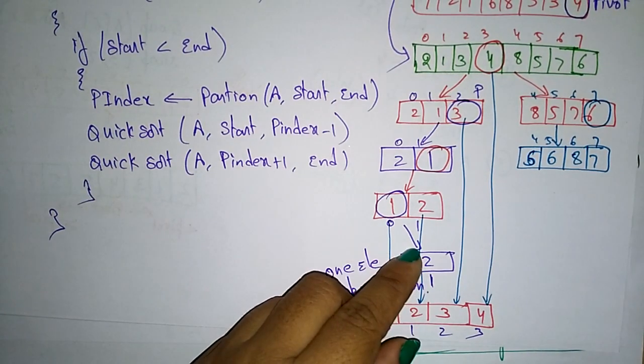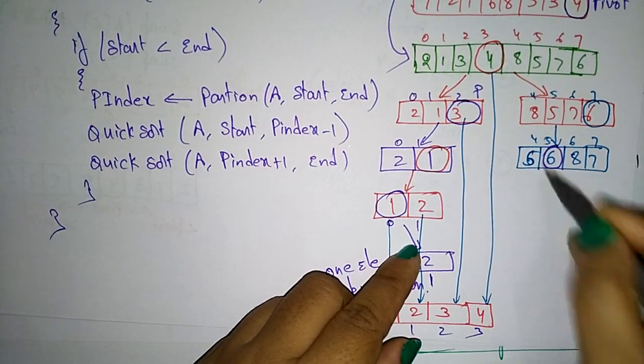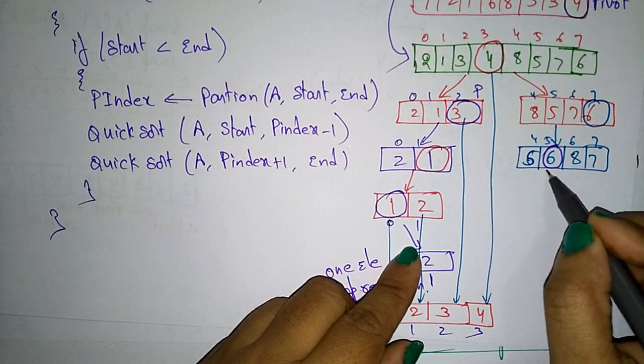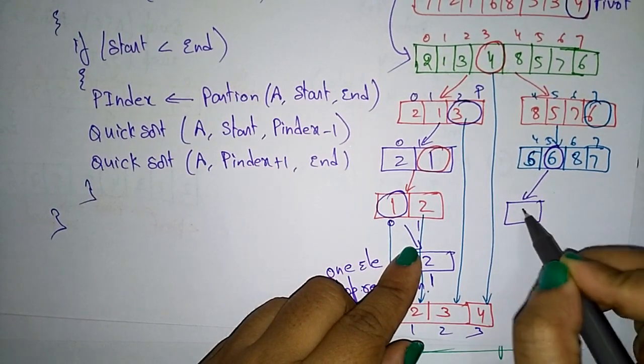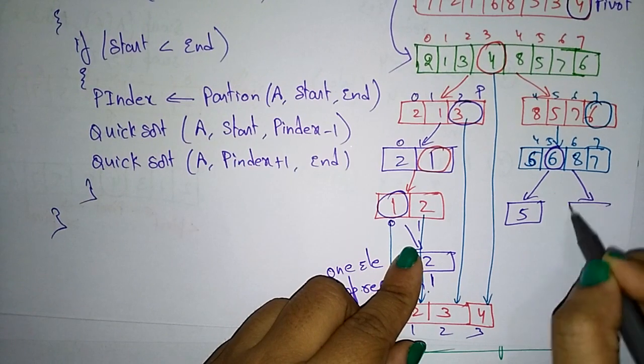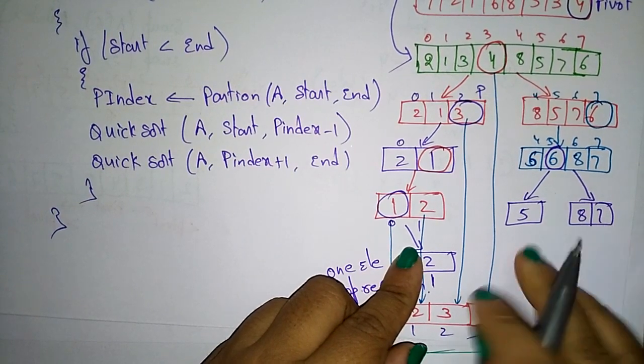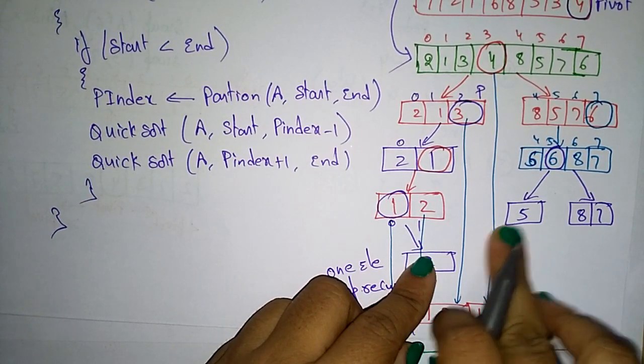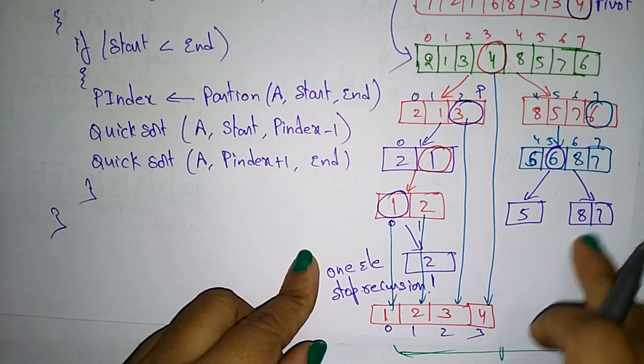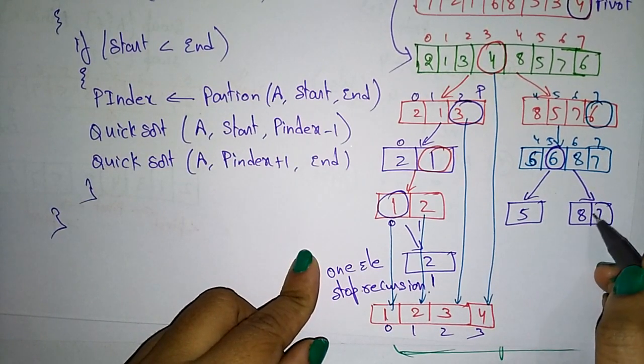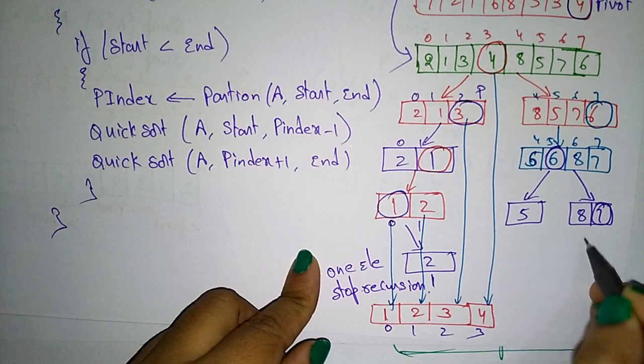So now 6 is the pivot value here. Now split this. Here 5 and here 8, 7. So we reached one element, so you have to stop the recursion here. But here 2 elements are there. Here 7 is the pivot value.